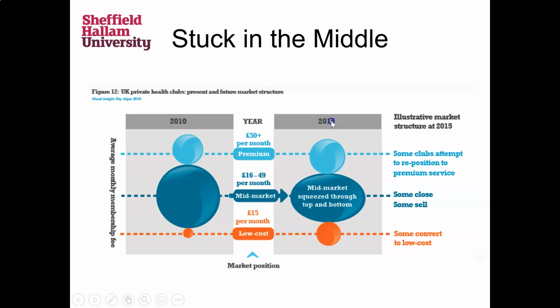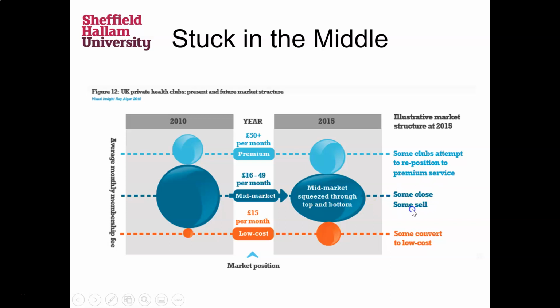But what happened is that in the UK, and this is 2015, we can see that the orange circle, which is the low-cost gym, is growing, and it's starting to squeeze the mid-market gym. The mid-market gym is being stuck in the middle. What has happened to Fitness First in the UK since 2015 is that they have closed many gyms and they have sold the business.